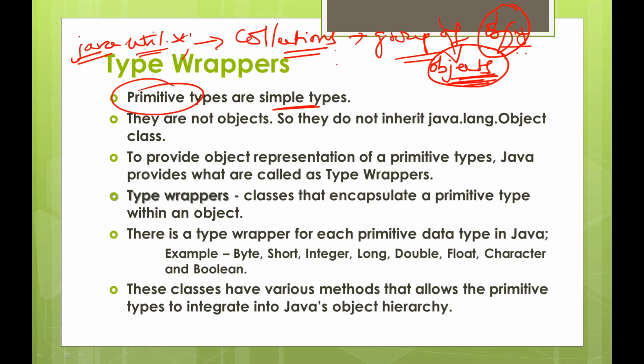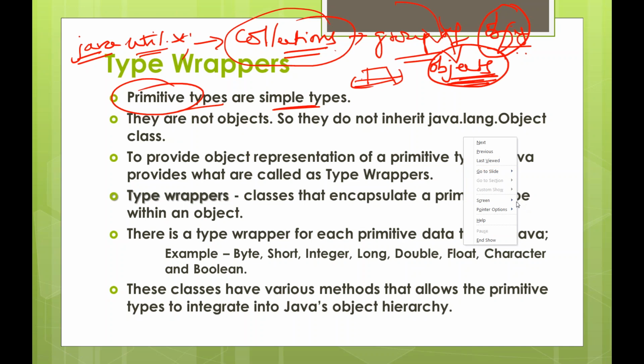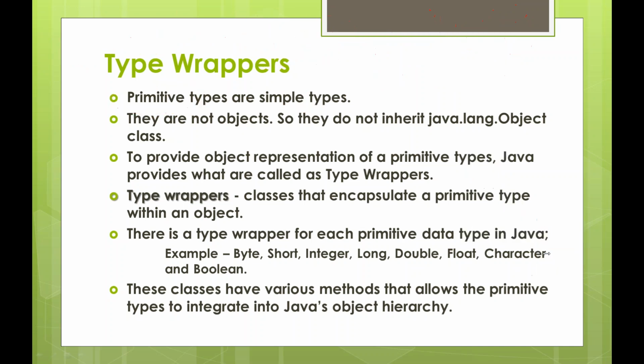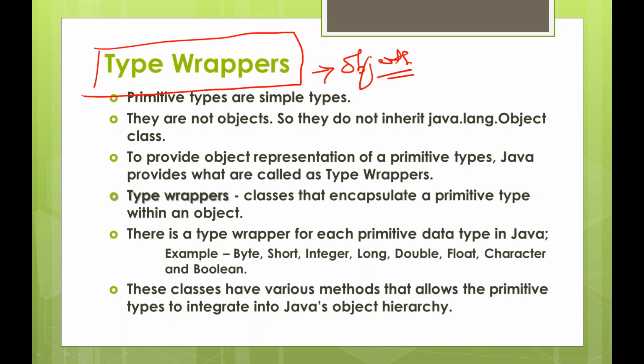You can't store primitive types. If you want to store them, you have to create a primitive data type array. What if you want to use those primitive types in collections? You need some way to convert primitive types to objects. That is achieved using what are called type wrappers.